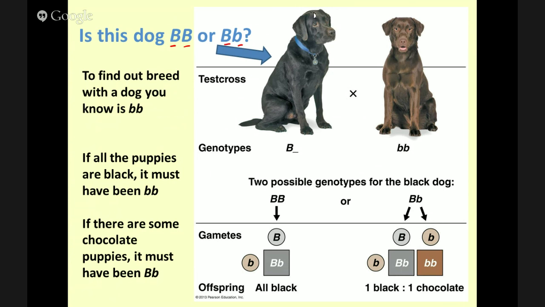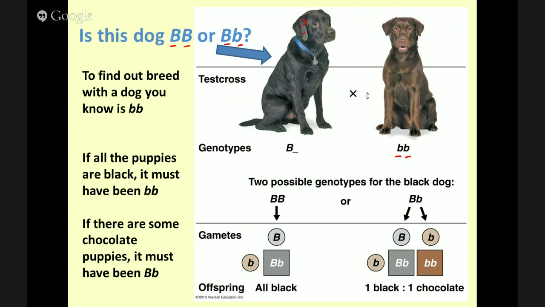So how would I find out this guy's genotype? I breed it with a dog that I know is little b, little b. The only time you ever get chocolate labs is when you have the genotype little b, little b, right? So if I breed my chocolate lab with my black lab that I don't know the genotype of, depending on what the babies look like, it's going to tell me the genotype of this dog.